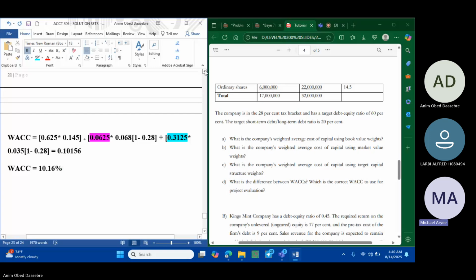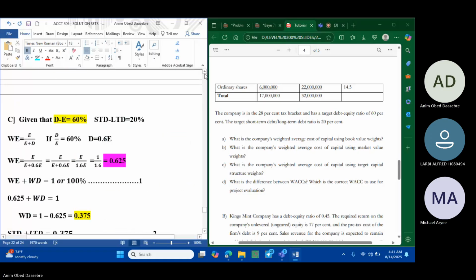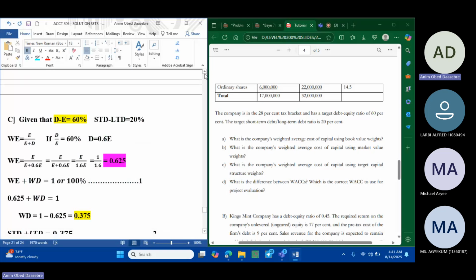I joined a few minutes ago, so I didn't really follow from the beginning. So I don't know which one is more convenient. So the first one we had was 8%. That's the book value. The book value cost of WACC was 8%. The market was 11.35%.